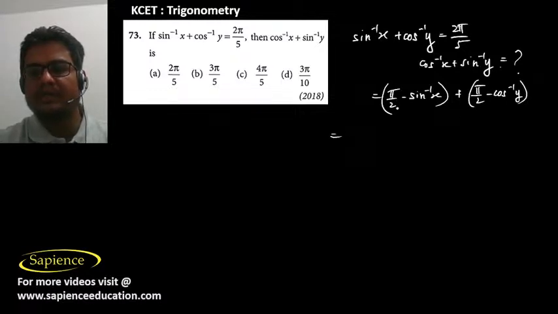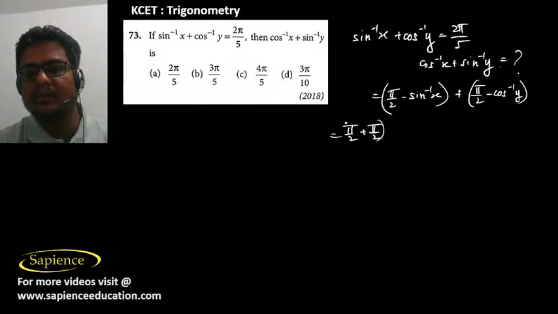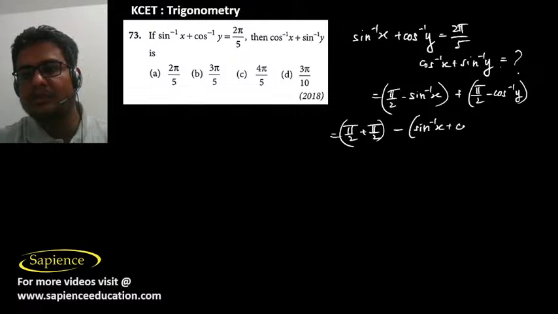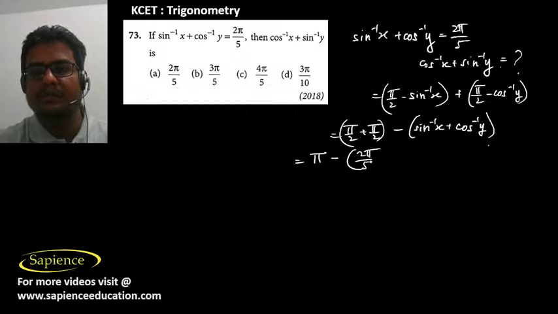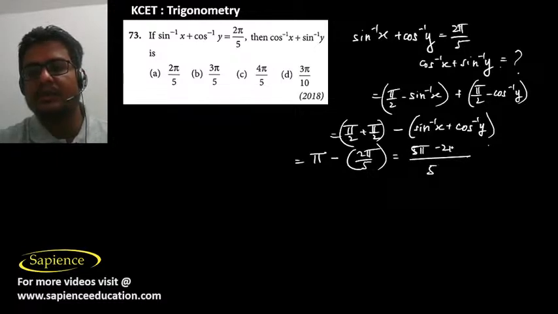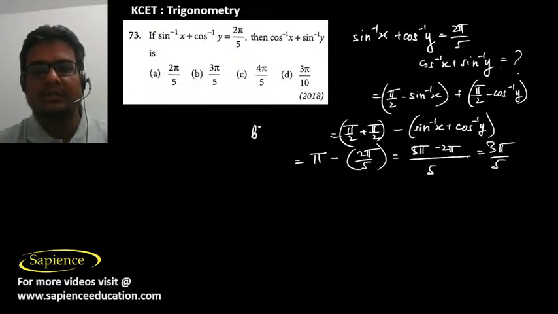So this will be pi by 2 plus pi by 2 minus sine inverse x plus cos inverse y. That is pi minus 2 pi by 5. If we take the LCM, that is 5 pi minus 2 pi, equal to 3 pi by 5. Option B is the correct answer.